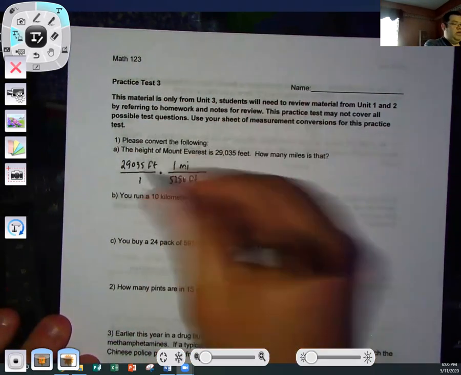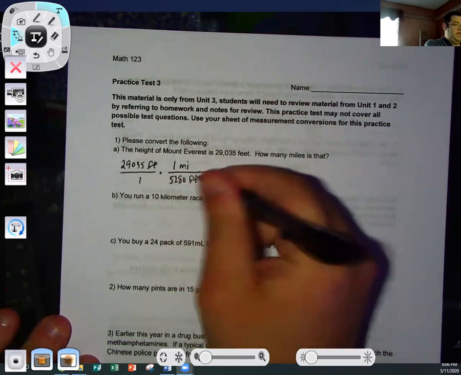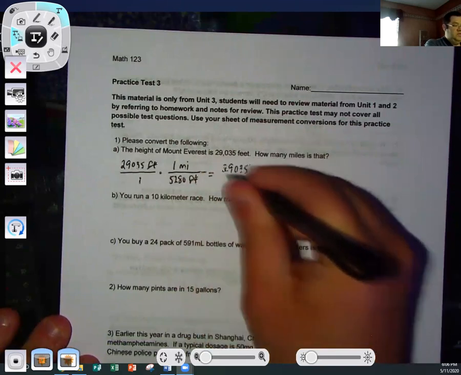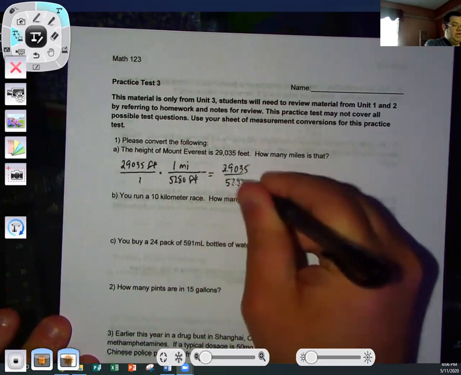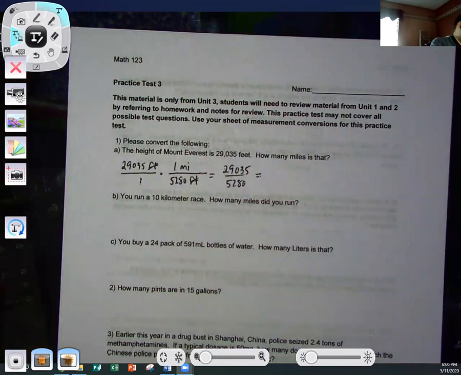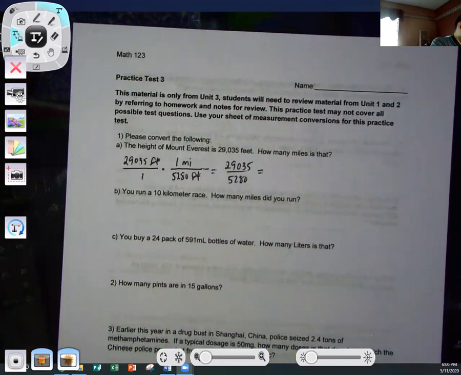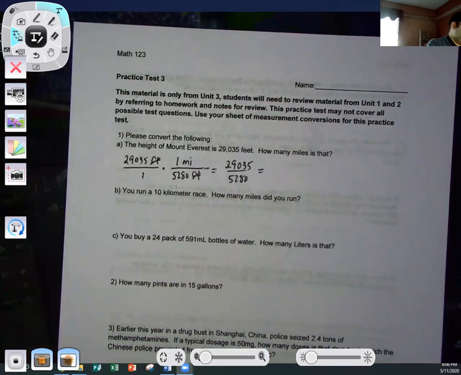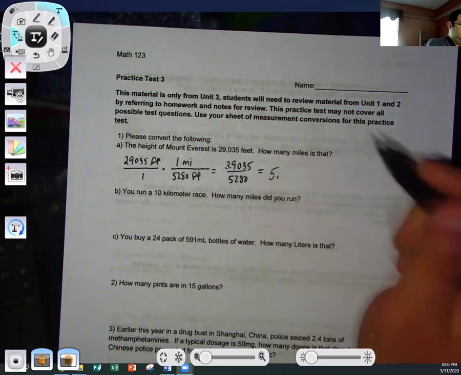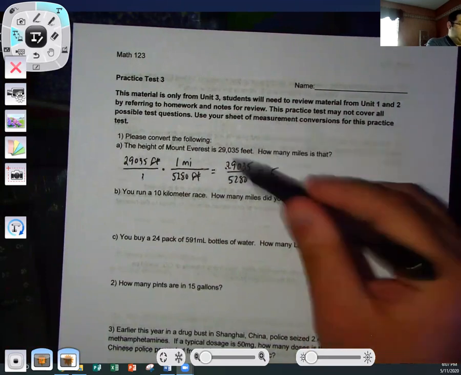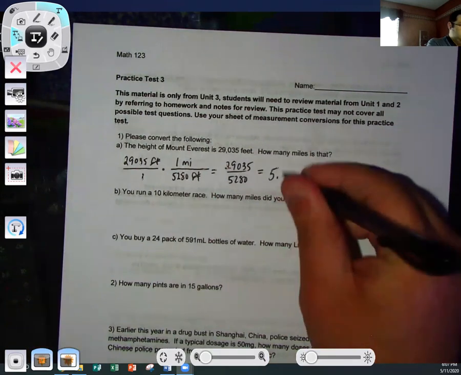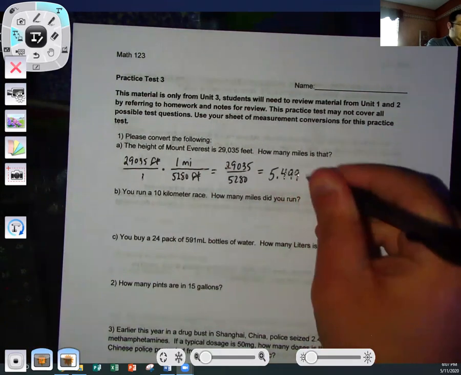That way, when I go through and complete this, the units will cancel, and we end up with 29,035 divided by 5,280, which is approximately equal to 5 point something. Notice we've got 5 significant digits, but we're going to go with 4. So it's 5.499 miles.